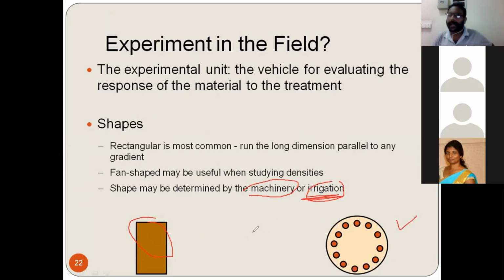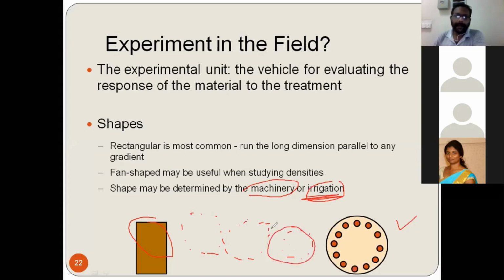You are doing some sprinkler irrigation testing. Normally, is the sprinkler rotating in a circle or square? How the sprinkler operates? So sprinkler rotating, isn't it? On a circle, not in square. So we need this kind of plot for irrigation trials.